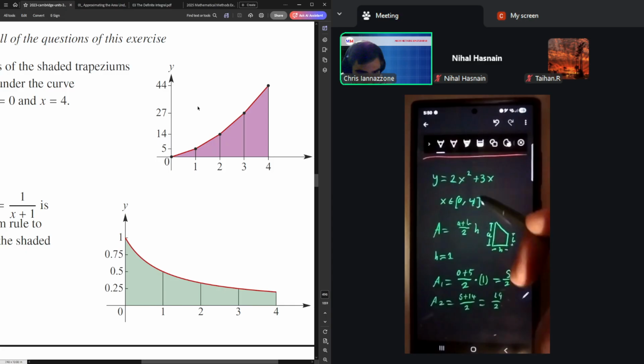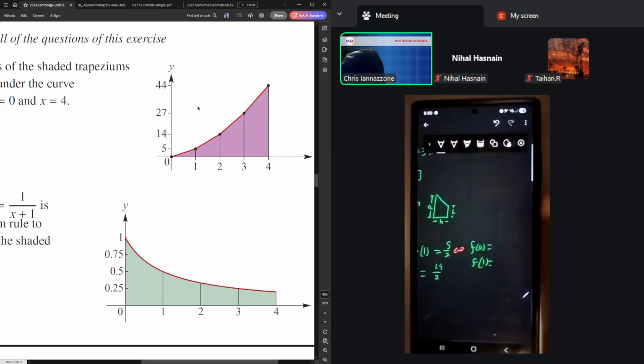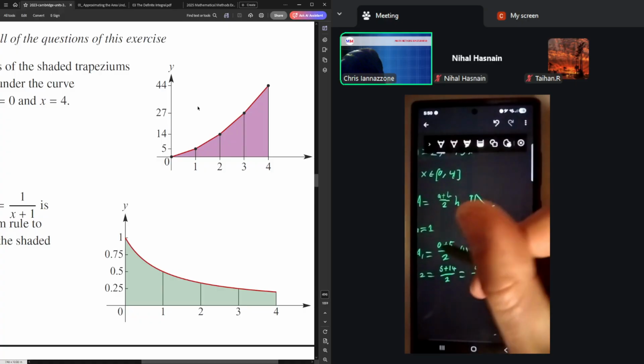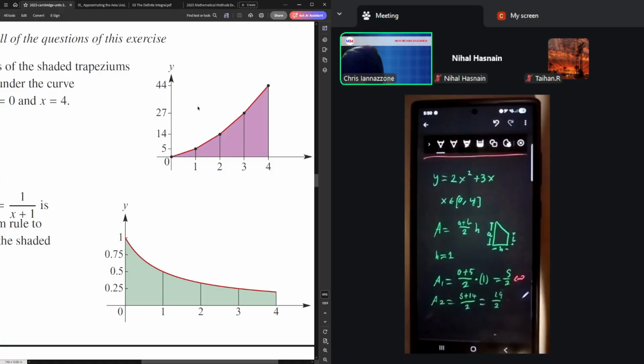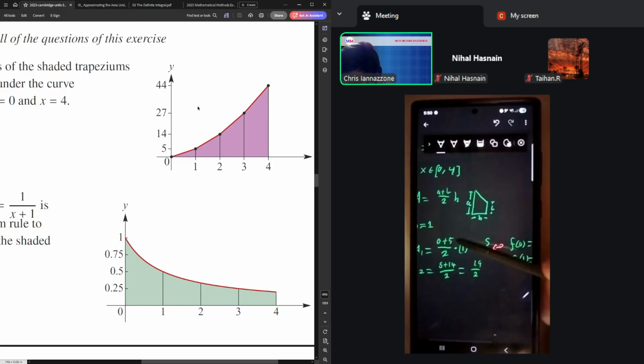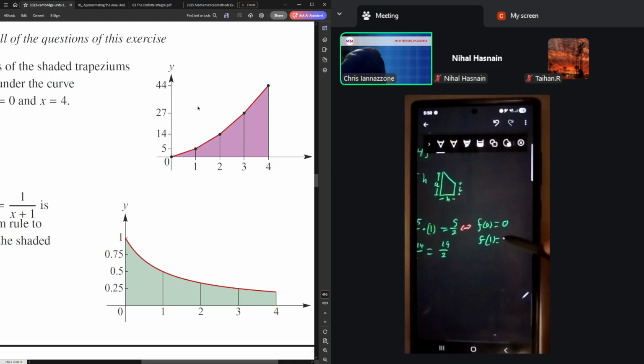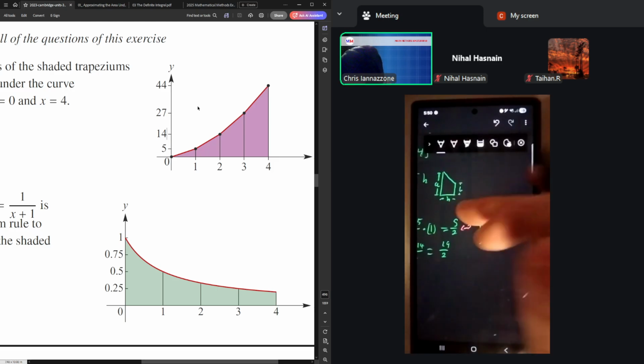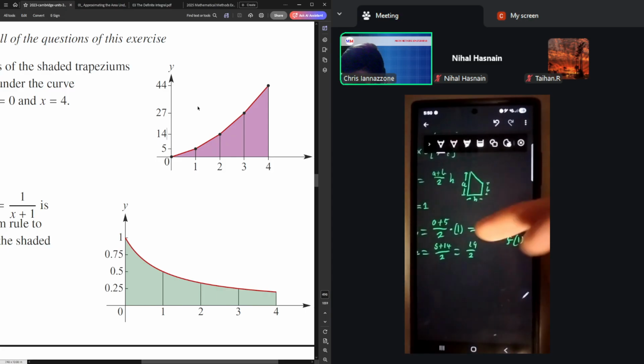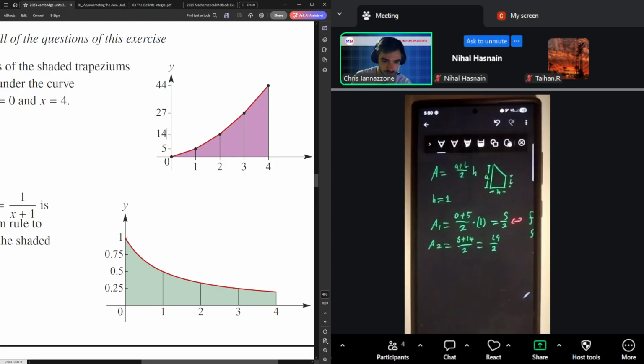Because we're trying to find the area under this function. The curve is bound, the trapeziums are bound by that curve. F of 0, clearly just going to be 0 if you put zeros in those x's, which is why we had a 0 for that first one. F of 1 is just going to be 2 plus 3 for 5, which again we have here. So if you have to do that, this is the way to do it. Otherwise, if you can just read them directly off the graph, then by all means, read them directly off the graph.